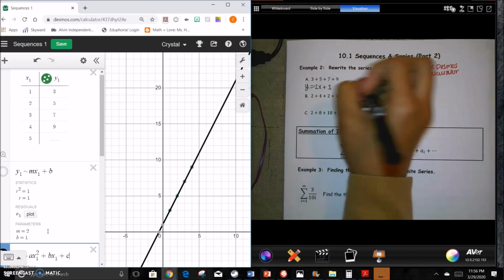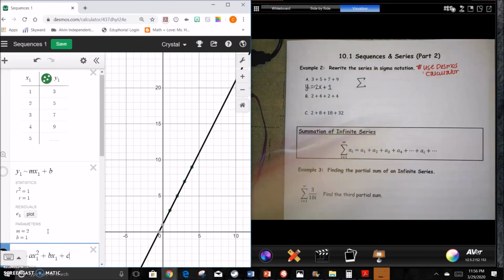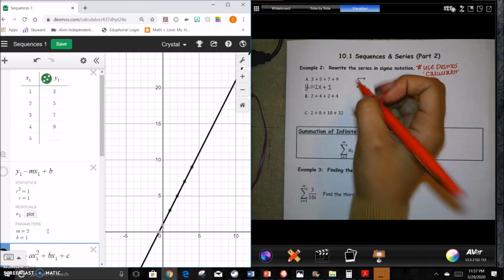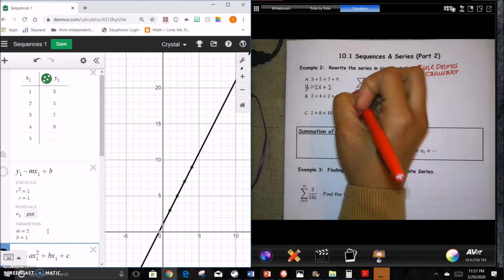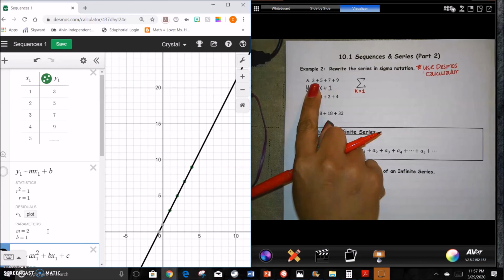Okay, now I'm going to rewrite this problem using sigma notation. So the first thing I need is one of those E-looking things, the sigma symbol. Okay, and you can either use k or i. It does not matter for the bottom portion. Our bottom limit or lower limit is 1 because we started with the first term.